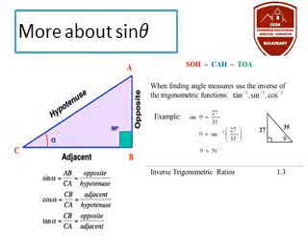Tan alpha is opposite divided by adjacent, so AB divided by CB.